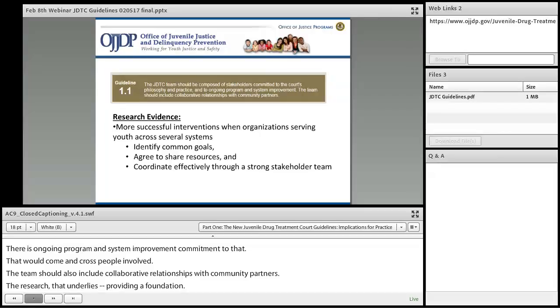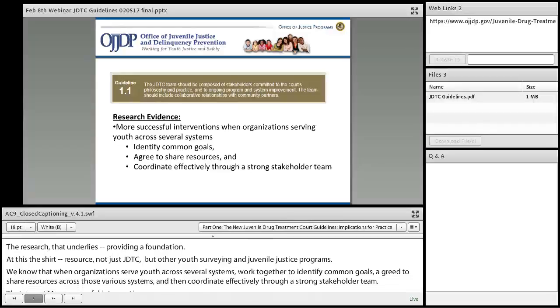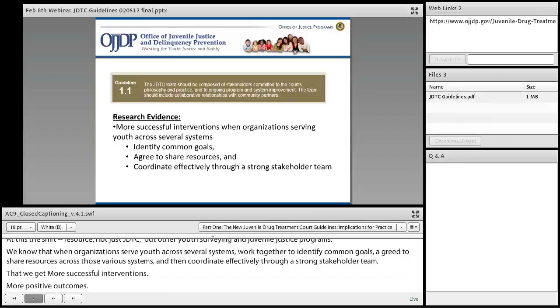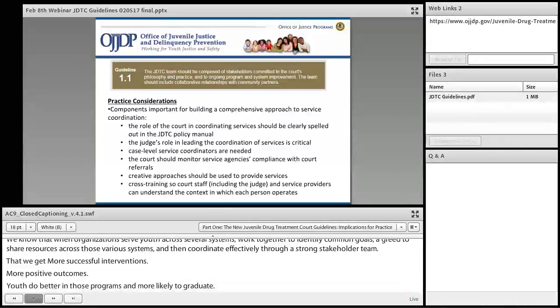We know that when organizations that serve youth across several systems work together to identify common goals, agree to share resources across those various systems, and then coordinate effectively through a strong stakeholder team, those are more successful interventions. We get more positive outcomes, the youth do better in those programs, more likely to graduate. So that's really the basis for this guideline statement. I'm going to let Nancy take over here.